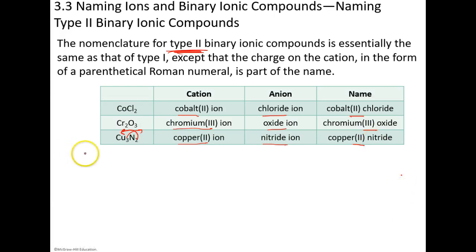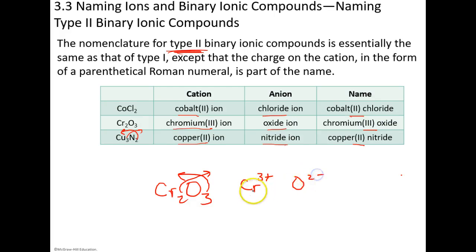Okay, so let's take one of the examples up there. If I'm trying to figure out what the charge is on this chromium, do a reverse crisscross, like that. So I have a chromium 3 plus. Notice chromium has to be plus because it's your cation, and the 3 came from the crisscross.